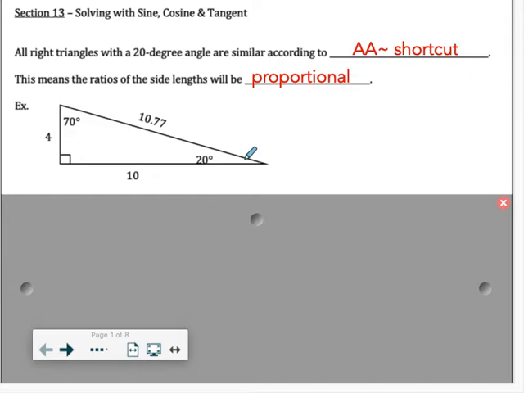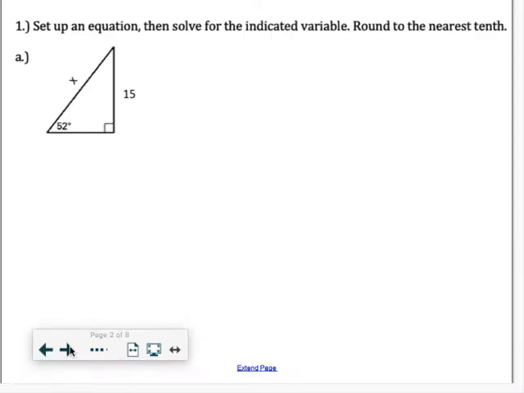So we're going to write an equation that's true to solve. Okay, and that's why we were able to find these missing side lengths and use that to our advantage. So what we're going to do is we're going to use these diagrams and find the missing value. So let's go ahead and get started.